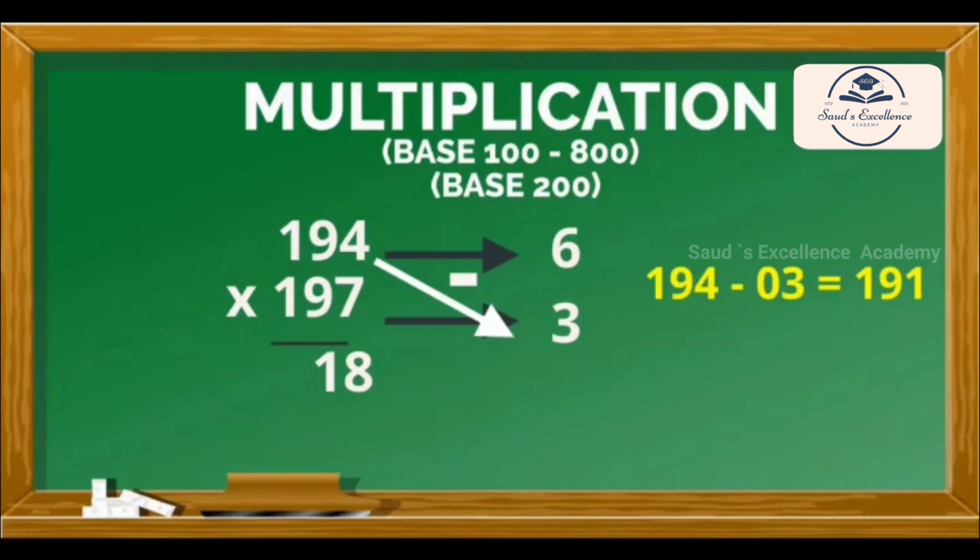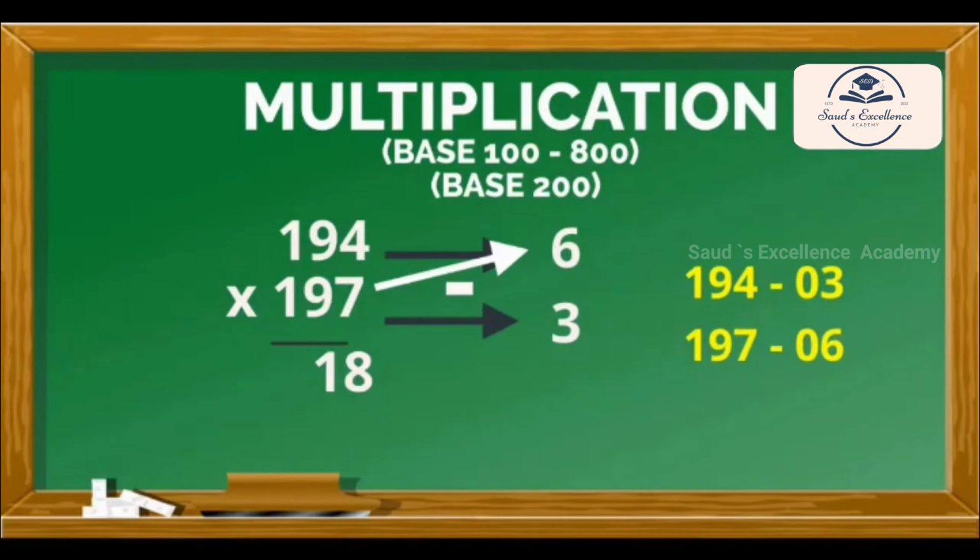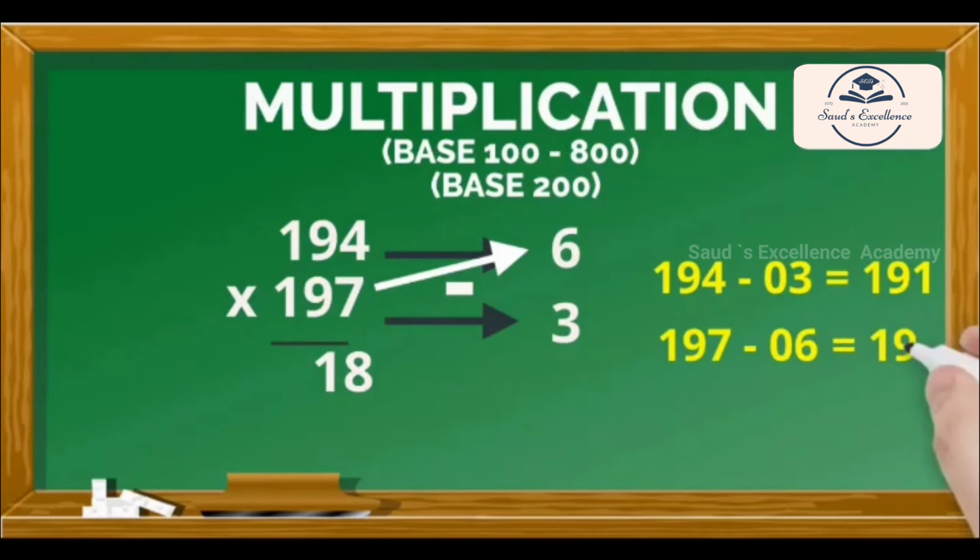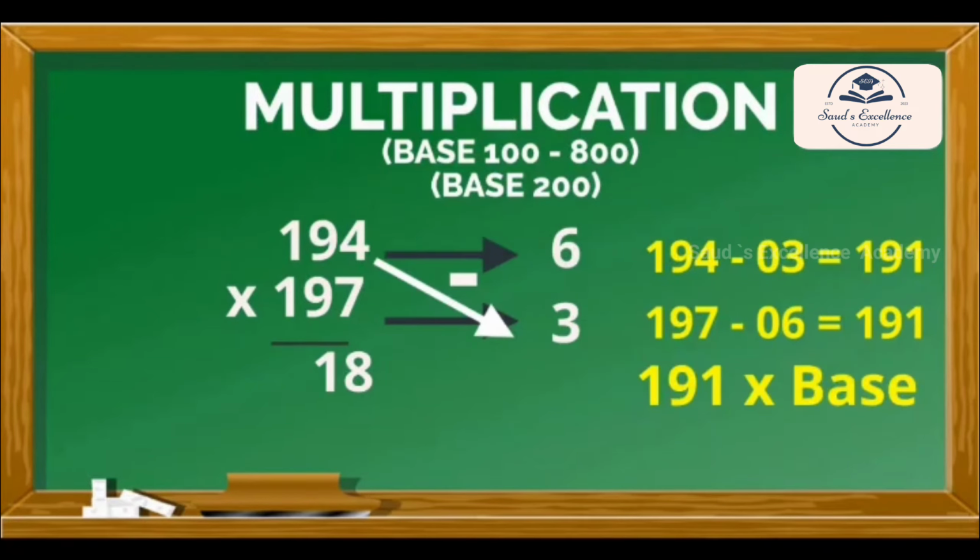Now we subtract crosswise: 3 from 194, or 6 from 197, equal to 191. Now we multiply 191 with the base.